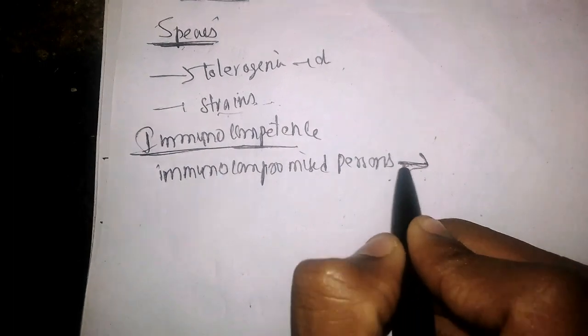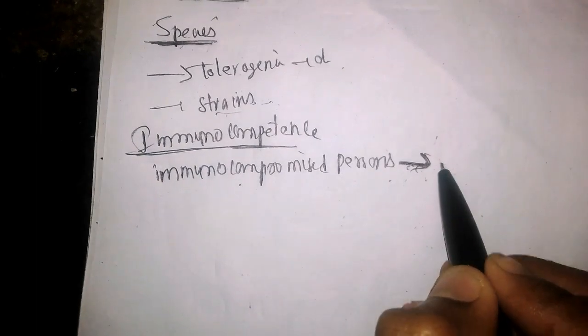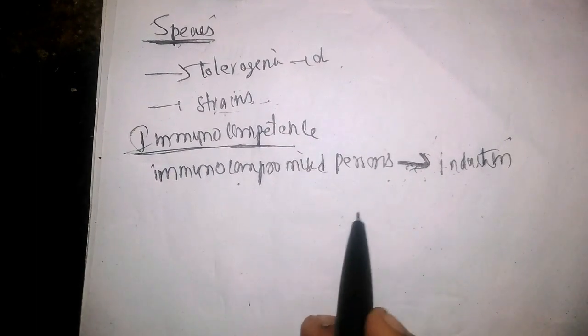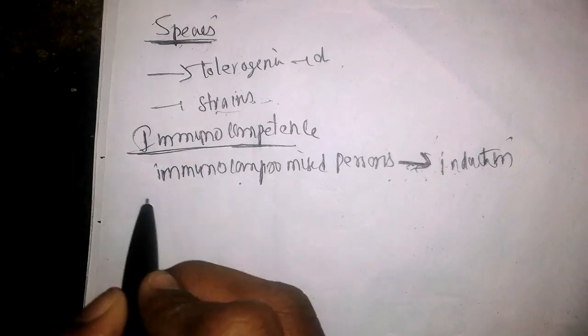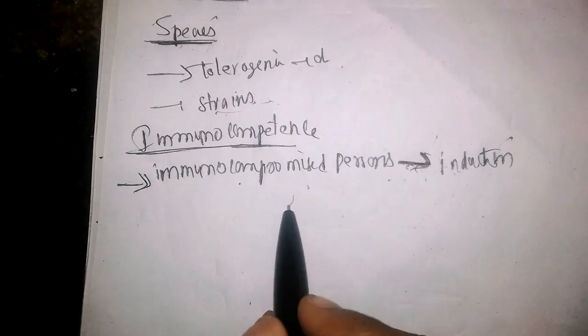The same principle we can use in adults also. In an immunocompromised person, induction of tolerance is very easy. In immunocompetent people, using this principle we can induce tolerance in adults also by inducing immunocompromise.